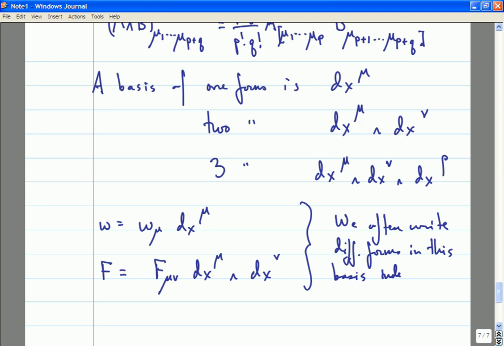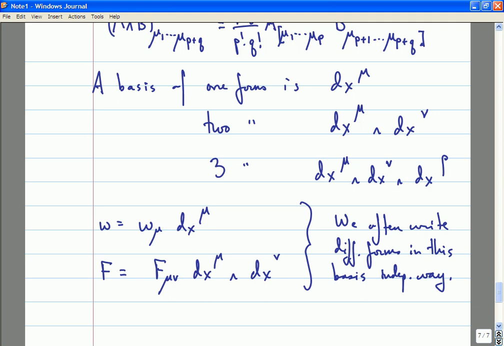Now, in general, it's not terribly helpful to write a general tensor in a basis-independent way, but it is often very useful to write differential forms in a basis-independent way. We'll be writing down, for the rest of this class and part of next time, several expressions for differential forms written in a basis-independent way, and you'll see just how slick such expressions can be.